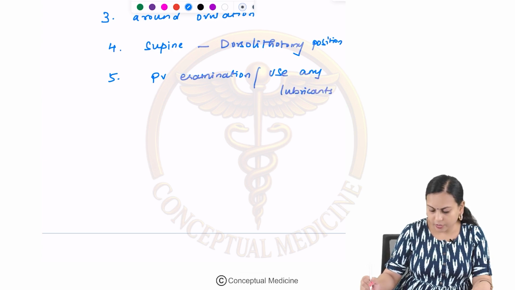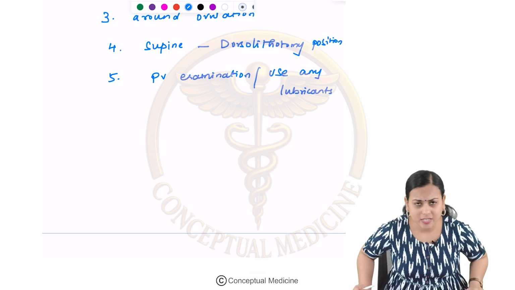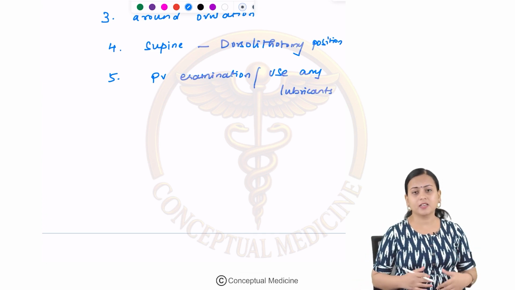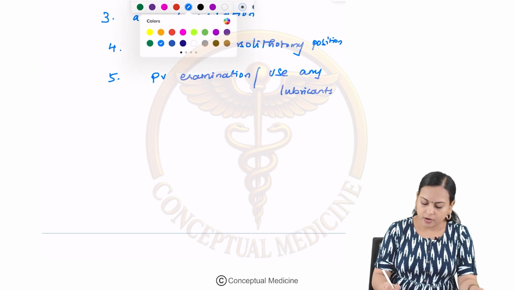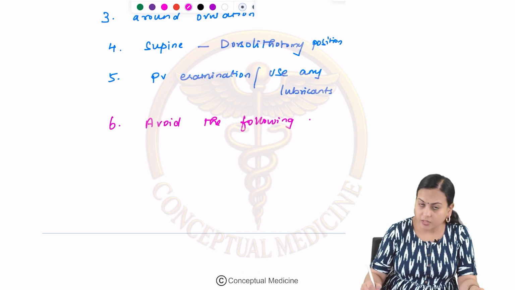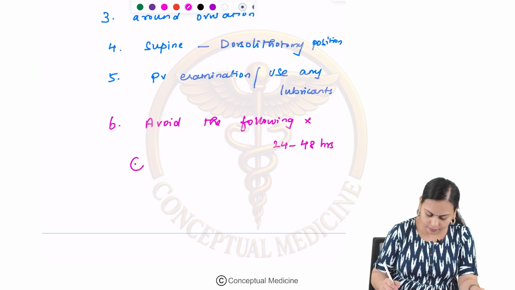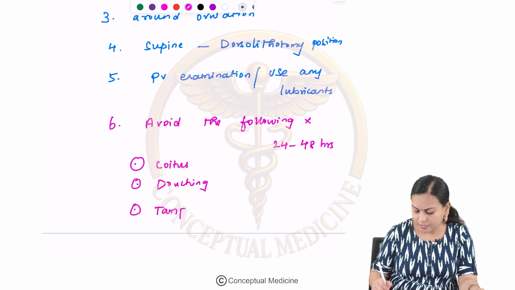Okay, because there can be so many changes, like even doing per vaginal examination can bring about bleeding if any lesion is present. Okay, so that shouldn't be done. And also you have to advise the patient to avoid the following for the past 24 to 48 hours. Okay, this will include coitus, douching, use of any tampons or even vaginal drugs.